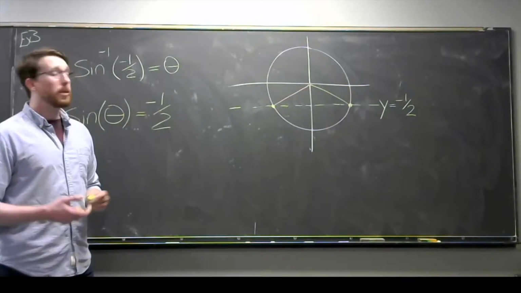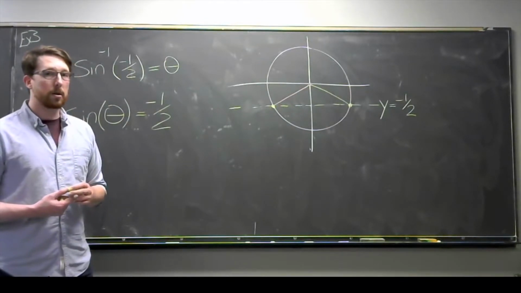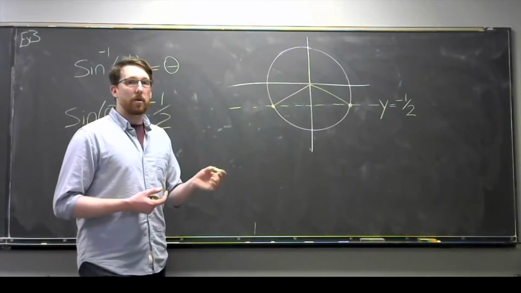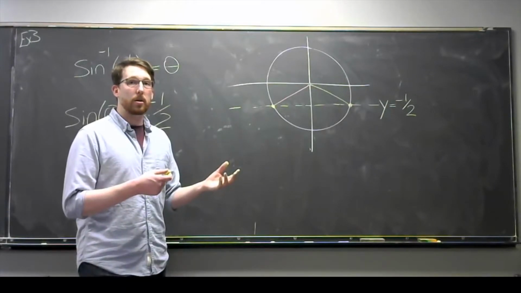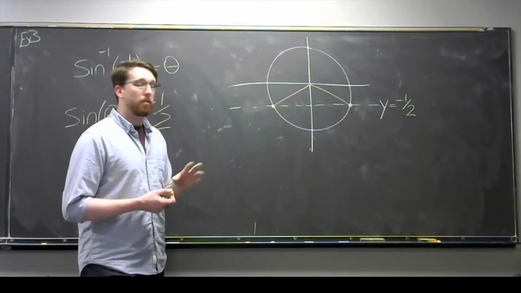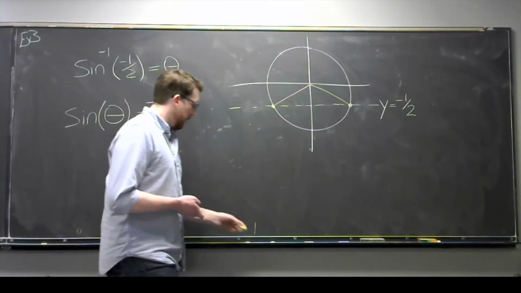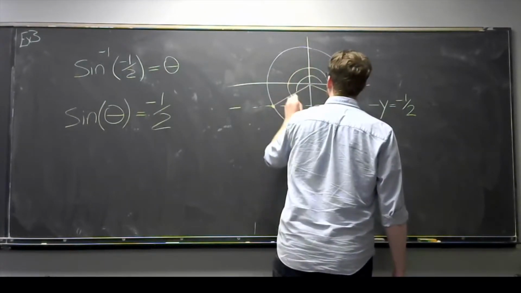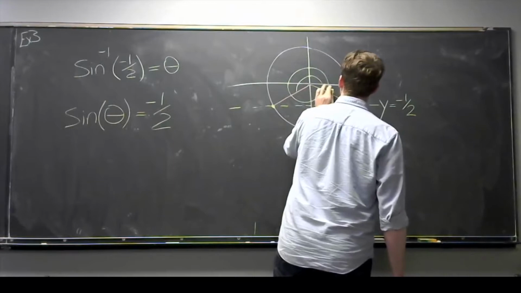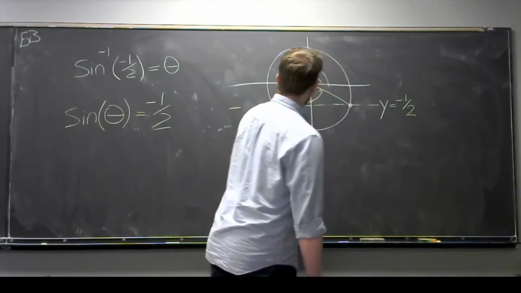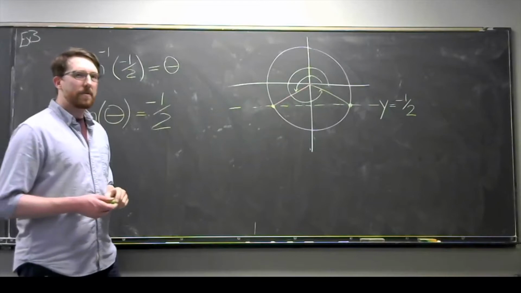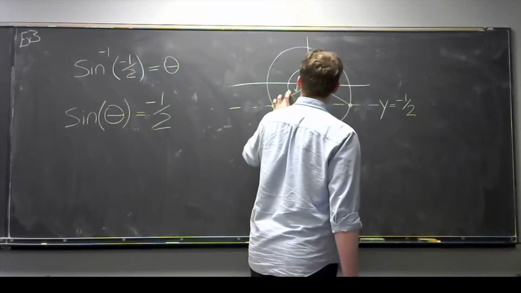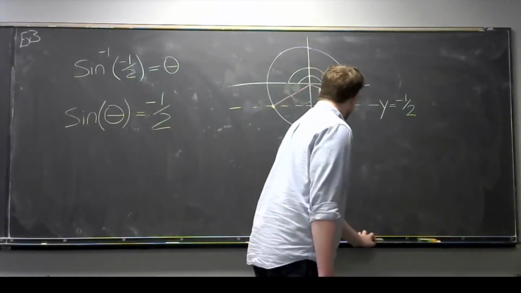Well, depending upon how we measure these, they both have an angle larger than pi over 2. If we measure them this way, right? But we don't have to. We could measure them moving in the opposite direction.